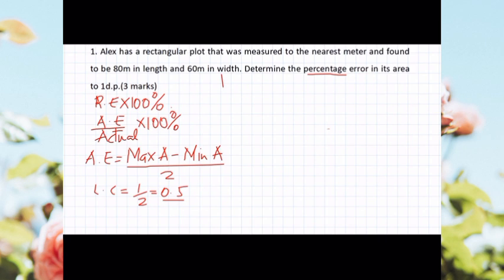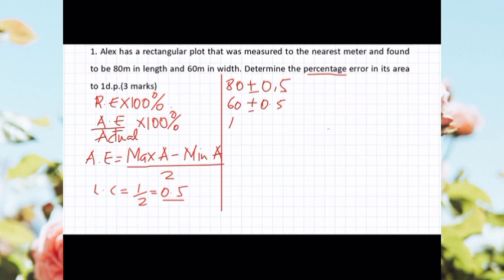And so this means that all these measurements that have been taken, for example 80, it is 80 plus or minus 0.5. The measurement 60 is also 60 plus or minus 0.5. And this means that for us to get the maximum, we shall take 80 plus 0.5.